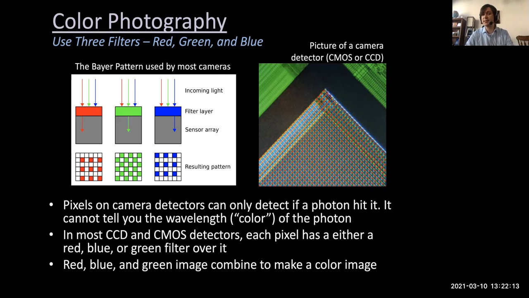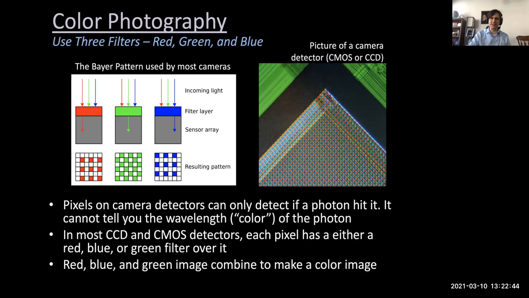Because if we can only detect red, green, and blue, and if we have something like a CCD or a CMOS detector, so if you pick up your phone, it almost certainly has a CMOS detector in it. Older phones will have CCD detectors. If you were to zoom in on it, here we have a very zoomed in image, you'd see that you have these little rectangular buckets that are photoreceptors. They're light sensitive.